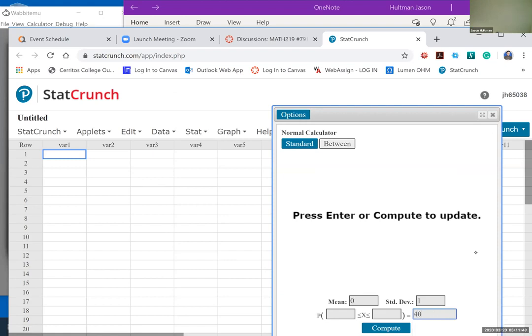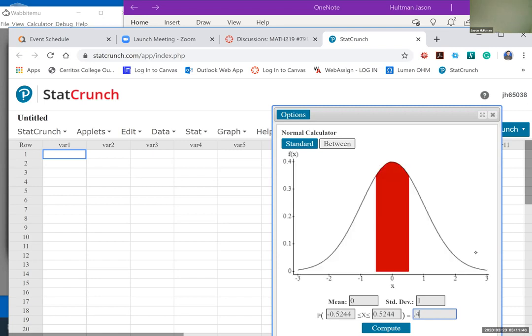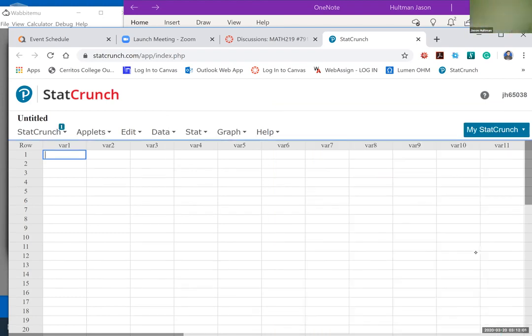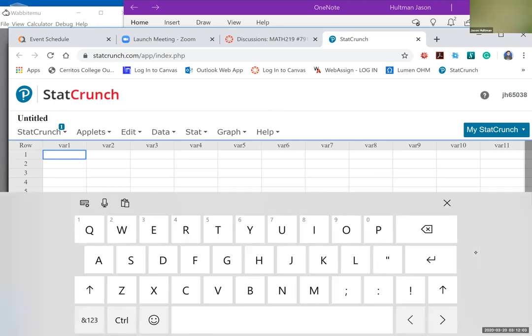I'll go 40%, not 40. 0.4. Okay, compute, and it tells me, oh, 0.4 is between negative 0.52 and positive 0.52. Those are my z-scores for that. Okay, that's how we do it on StatCrunch. Very simple. Okay, let's go back to the calculator.